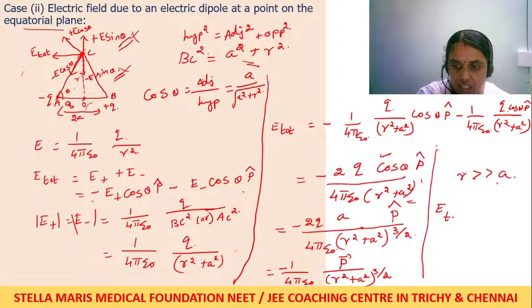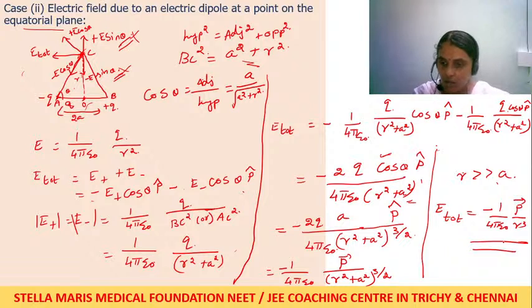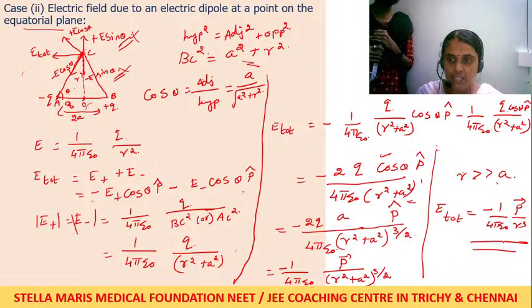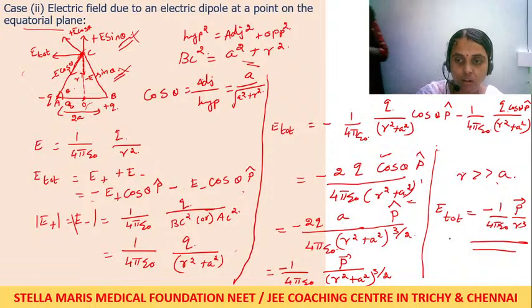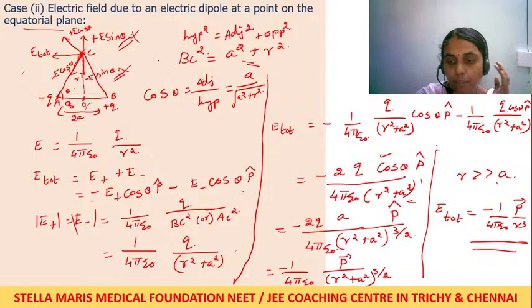We can get E total equal to minus 1 by 4 pi epsilon naught P vector divided by R cube. Okay, Mohammed, so this is the answer. This is the electric field value for the point dipole at the equatorial plane.